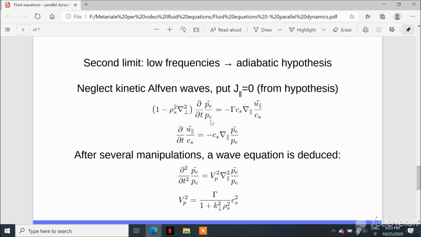Again, we pass through the Fourier transform, we solve them algebraically, and then we put them together in a wave equation, which this time is expressed for this field, so the perturbed electron pressure, with this different phase velocity, which is now more simple, but again involves the perpendicular wave vector. So this is still a dispersive wave equation. So here again, the modes which have different perpendicular wave number or wave vector will propagate with different velocity.